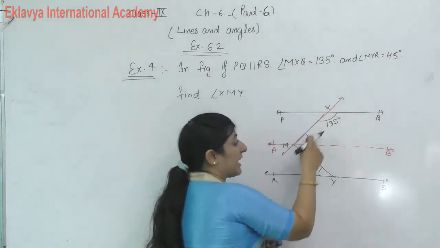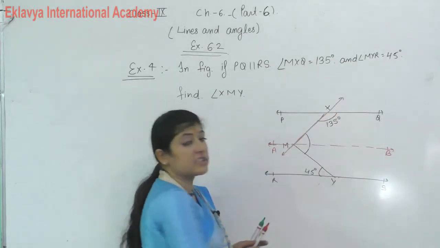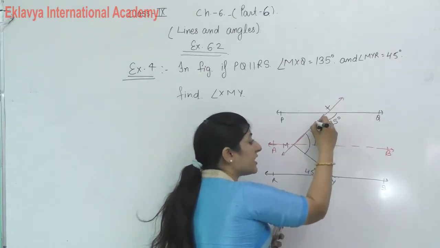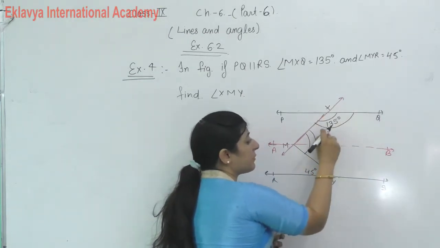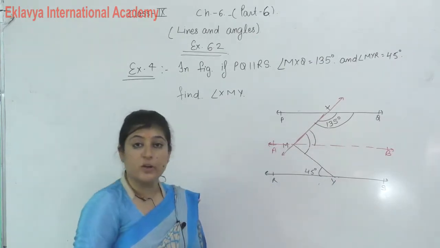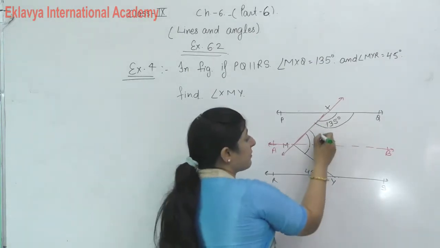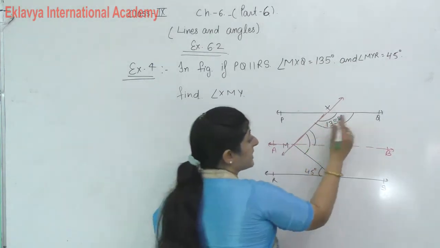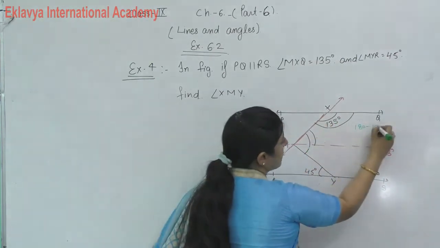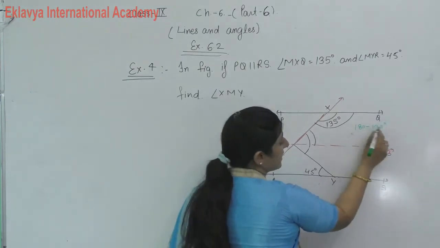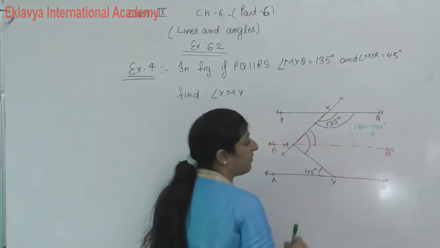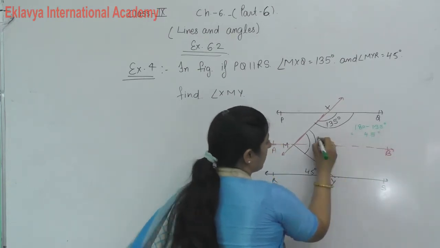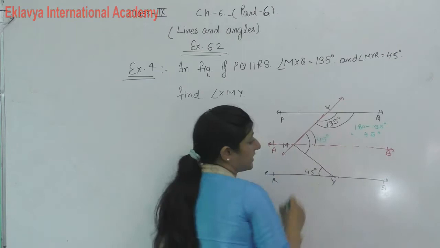Two parallel lines intersected by a transversal, then what is the relation between these types of angles? They are co-interior angles. Then the sum of these two angles becomes 180 degrees. It means this is 135, then this angle is 180 minus 135, that is 45 degrees.